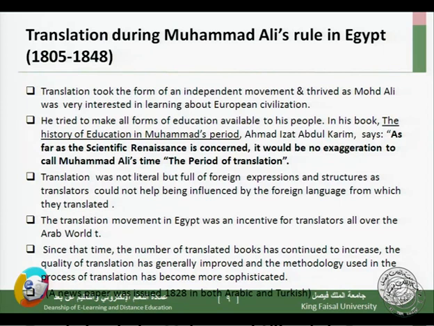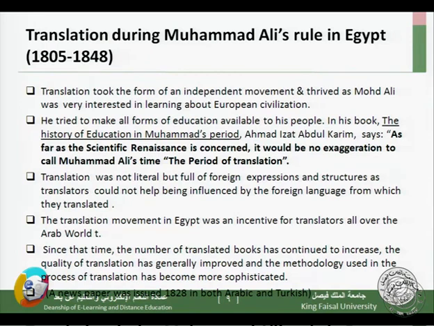Instead of literal with some demerits, it became a bit more polished and of better quality, because the more you translate, the more you practice, the better you become in translation. All right. So very briefly, I have gone through with you a little introduction to Arabic English translation, or translation in the Arab world.